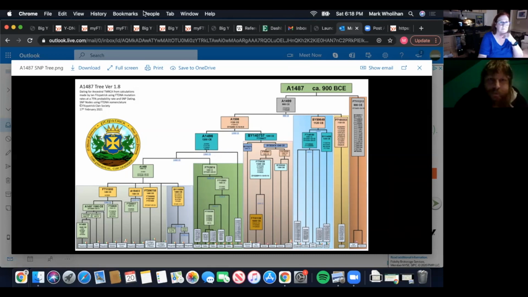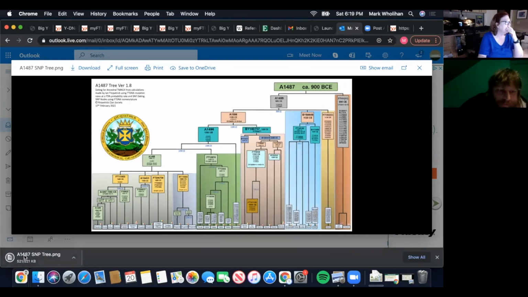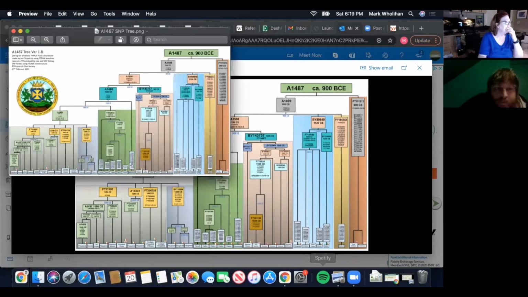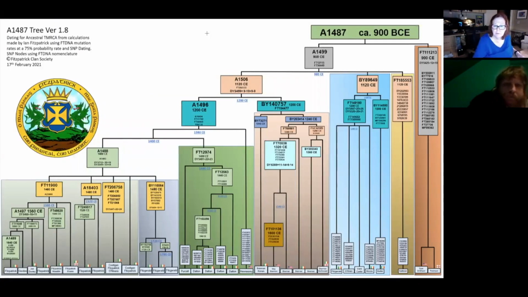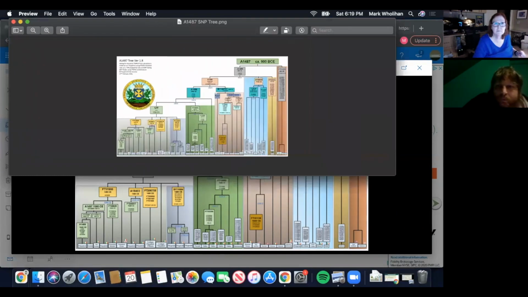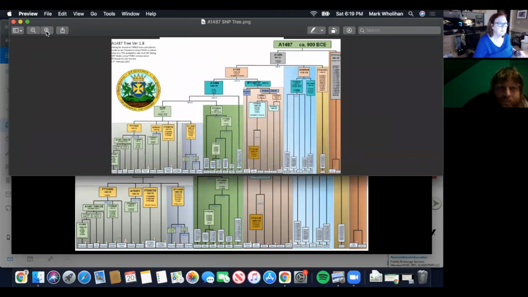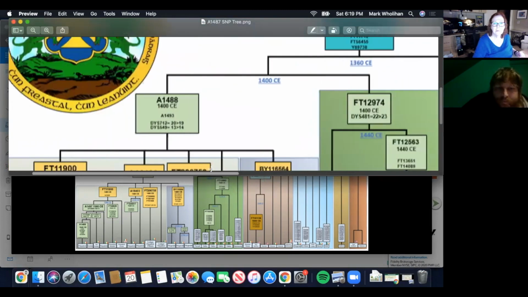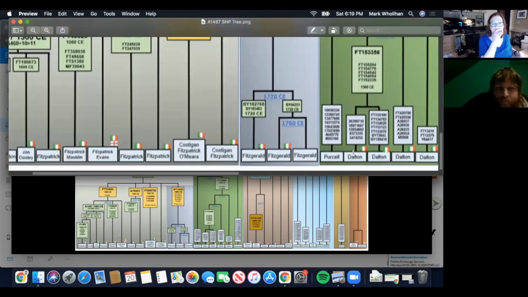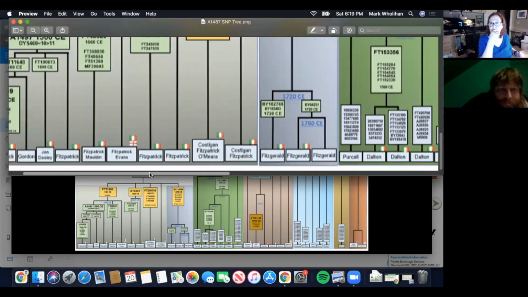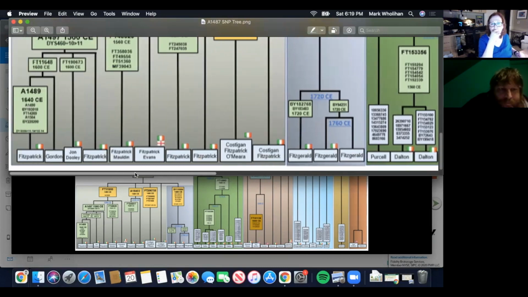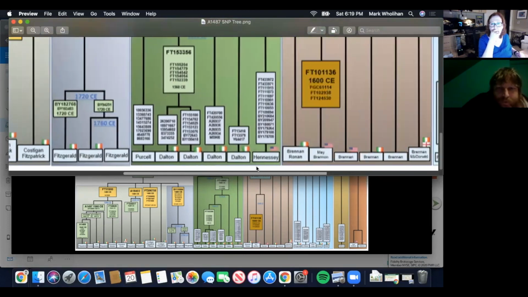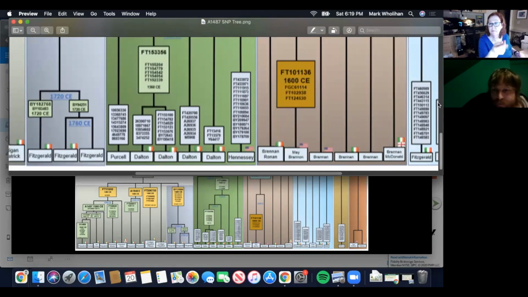I don't know how to zoom in on this. Maybe if I download it, I can zoom in. Here are the Daltons, and the Purcell one is there too.